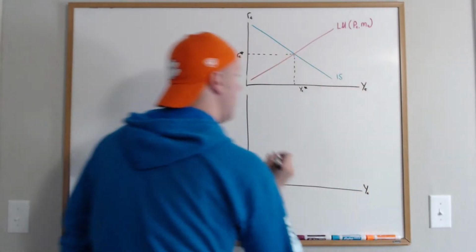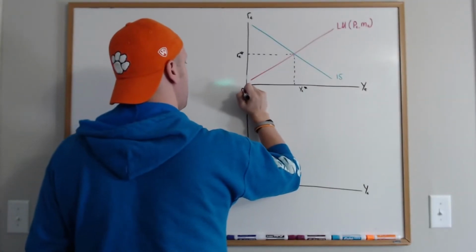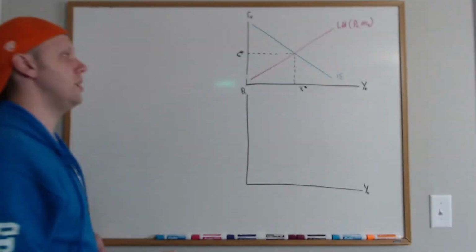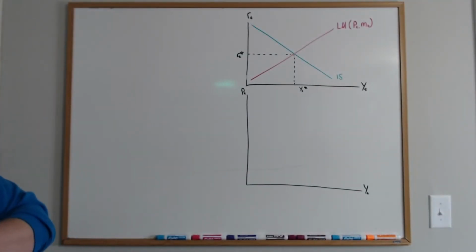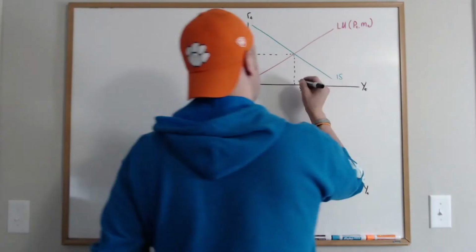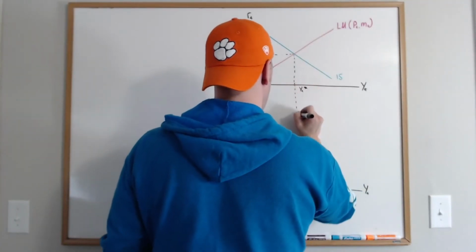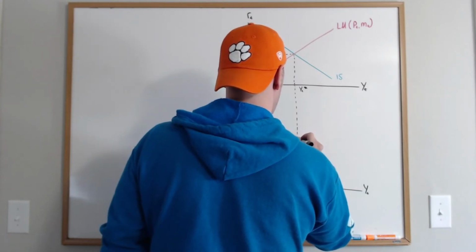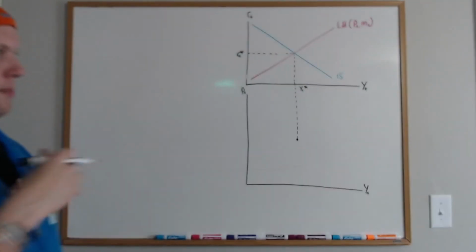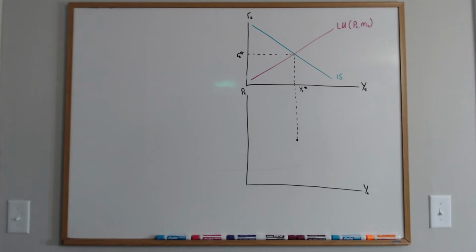You can have output on the horizontal and price level on the vertical. Now, let's trace this guy all the way down. That looks like a good place to stop. So we'll stop there. Right?